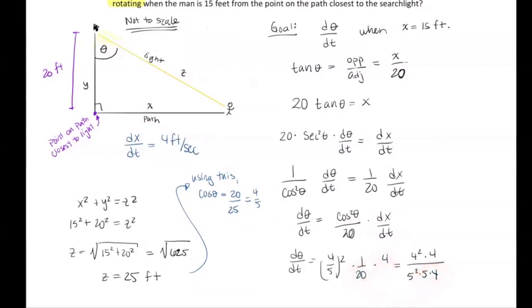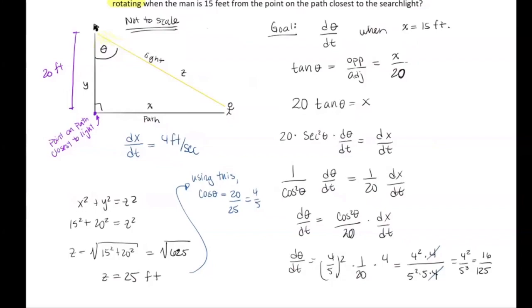This 4 is here. And this 4 squared is in the numerator. This 5 squared is in the denominator. The only reason I do that is because this makes it really easy to quickly compute this without a calculator. These 4s go away, and we end up with 4 squared over 5 cubed, which is 16 over 125.